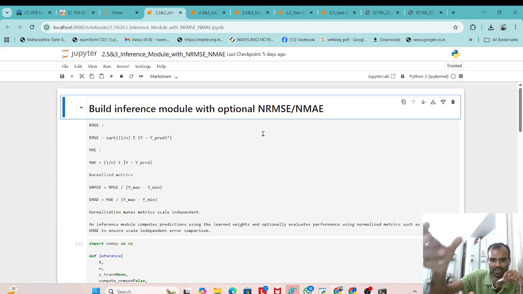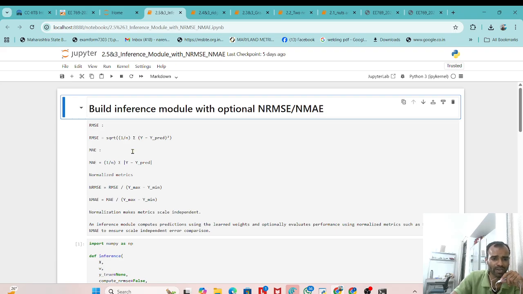In that case, if the scale is different, we do normalization, which means we are making the model independent of the scale. So normalization makes the metric scale independent. An inference model computes predictions using the learned weights and optionally evaluates performance using normalized metrics such as NRMSE and NMAE to ensure scale independent error comparison, right? How do we achieve the normalization?